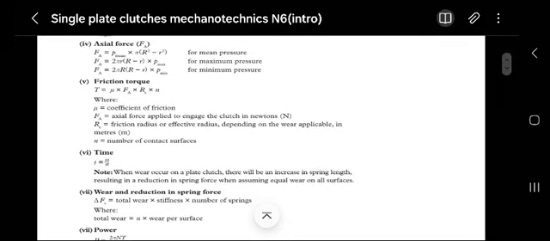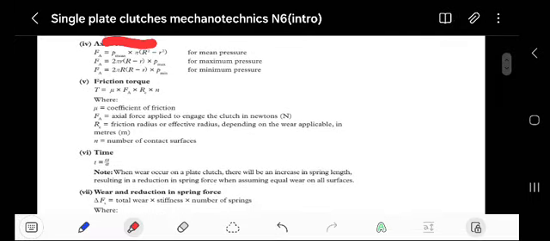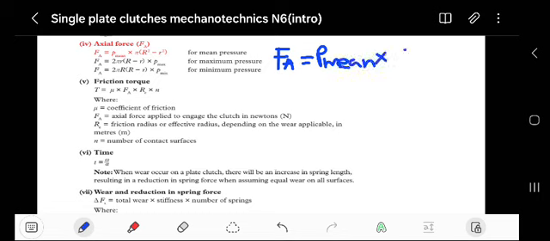So understand axial force. We have given axial force, and we have a first formula here. FA, I've highlighted axial force there. FA is equal to P mean, the pressure, multiplied by pi into R squared minus r squared.